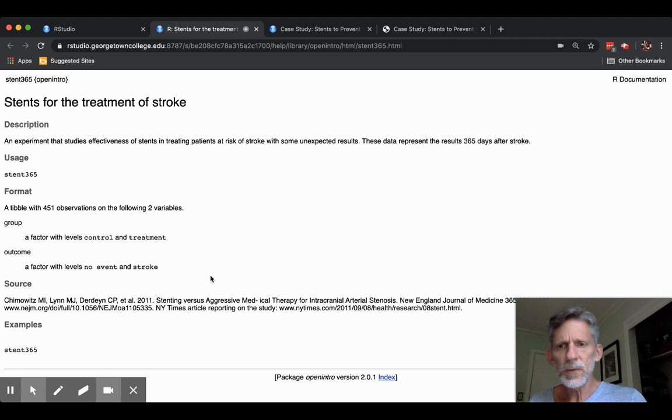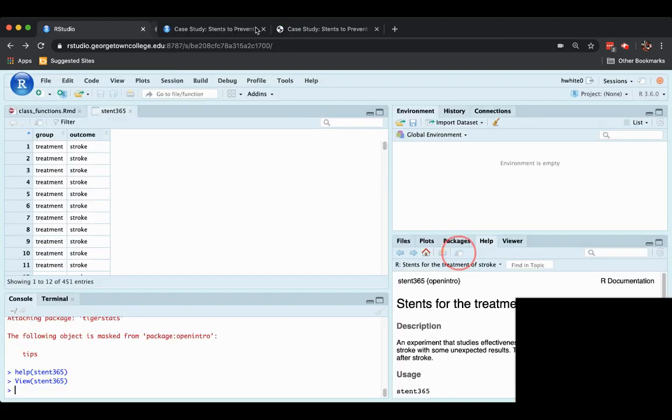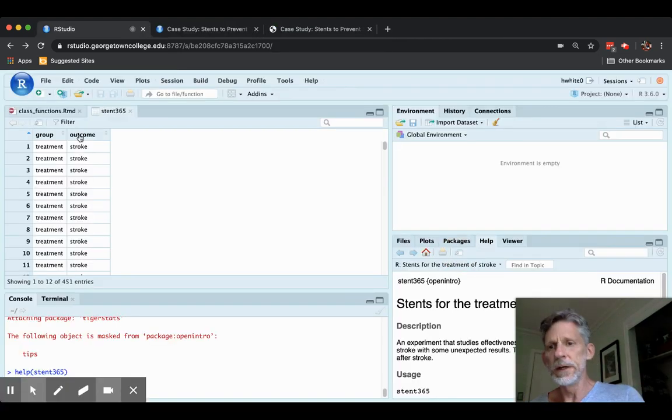Okay, what's all this about factor? What do I mean by variables? Let's figure that out by heading back to the view here in RStudio. So what we're looking at here in the editor, upper left-hand corner, is now a view of the stent365 data set.